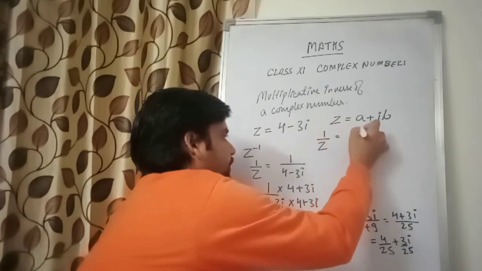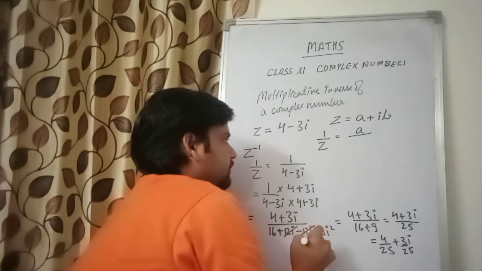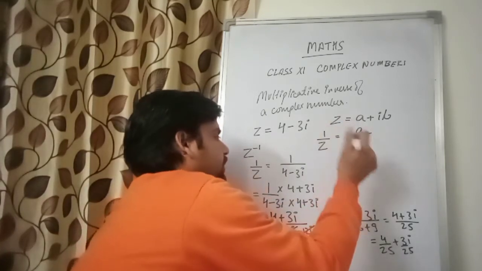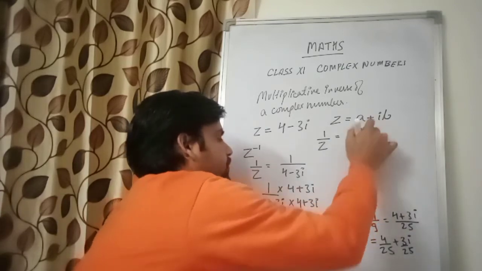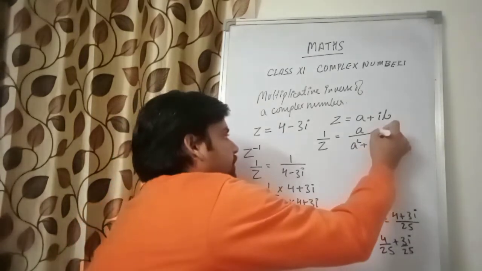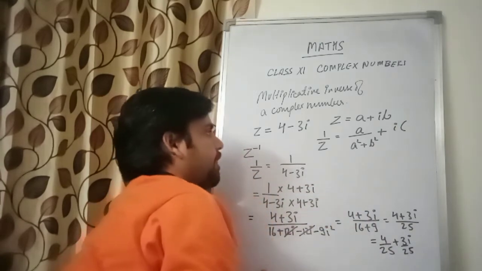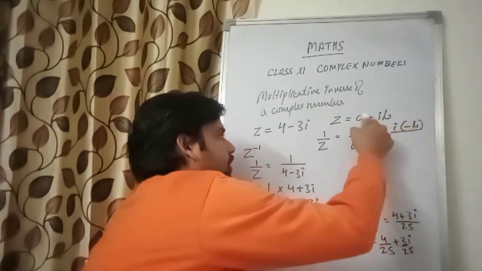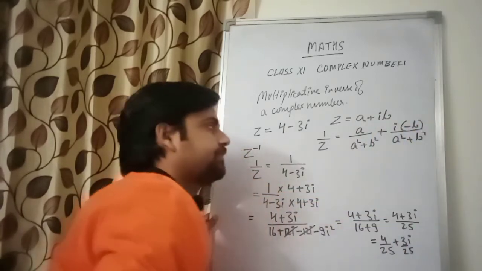It will be the real part upon the square of the real part plus the square of the imaginary part, then plus i into minus b upon the square of the real part plus the square of the imaginary part.